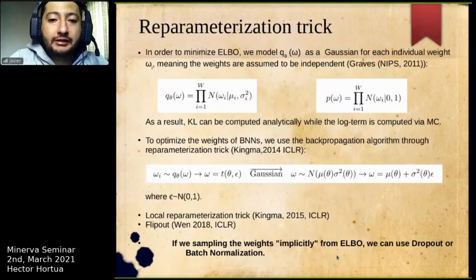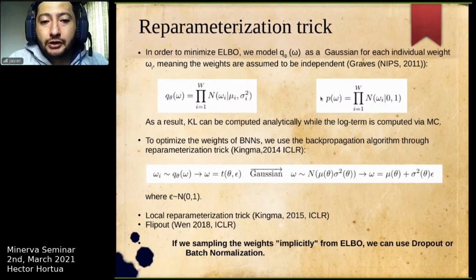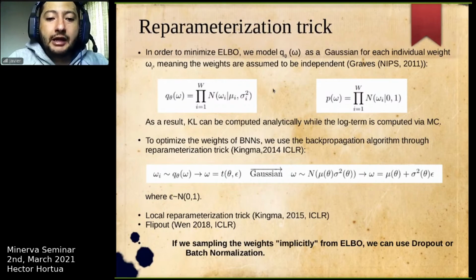Okay, now how can we train this network? How can we incorporate the prior or the approximate posterior? In this case, there are some proposals. One very useful one is called the mean Gaussian field, in which you approximate the approximate posterior as a normal distribution, and you assume that the weights are independent. So this approximate posterior is the product of the Gaussians for all the weights.